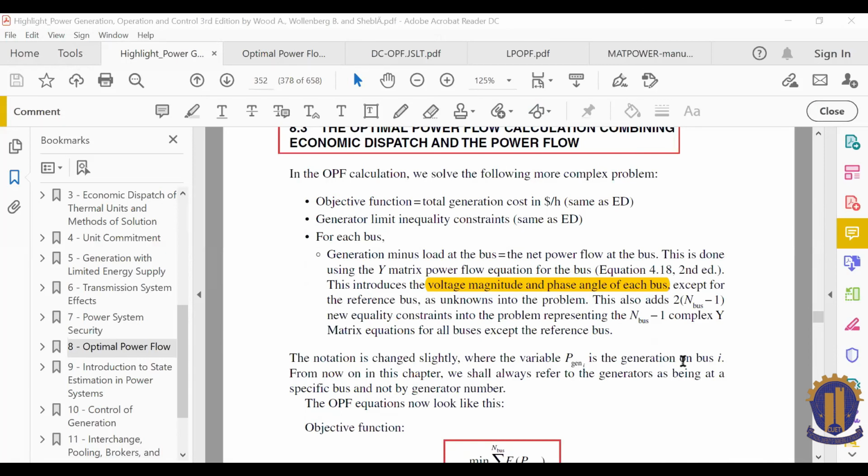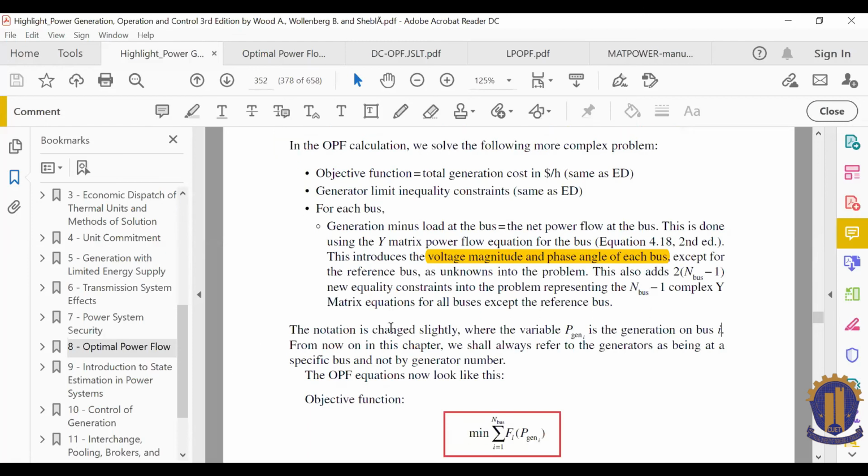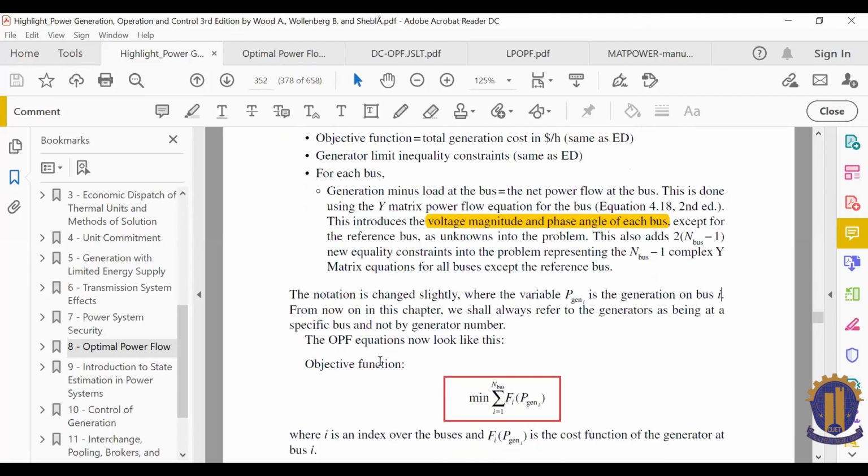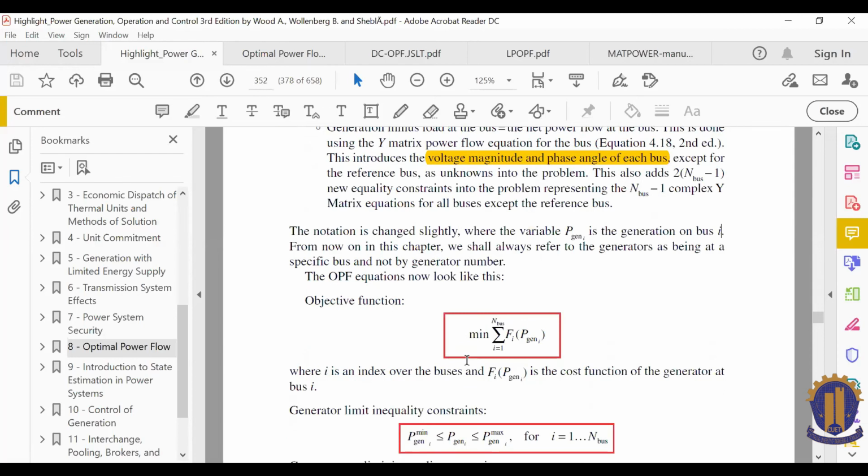But in this case, we will use i. i is not the number of a particular generator, i is the bus number. So from now on, this chapter will always refer to a generator as being at a specific bus and not by generator number. The OPF equation now looks like this.